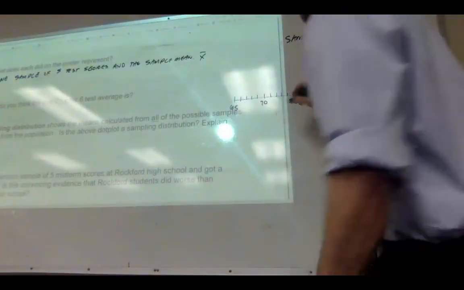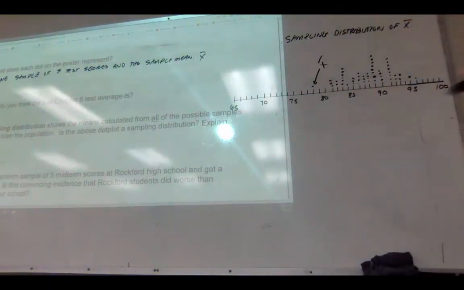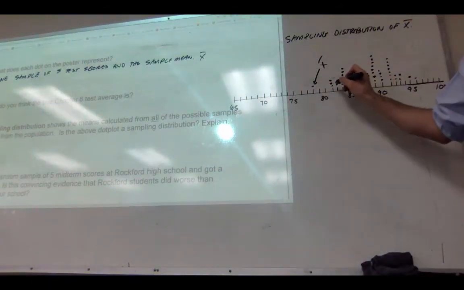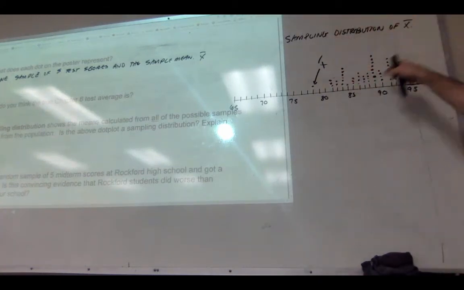So this right here, this little dotty dot, that's an X bar. Here's an X bar, here's an X bar, and you get an X bar, and you get an X bar. All of these are X bars.